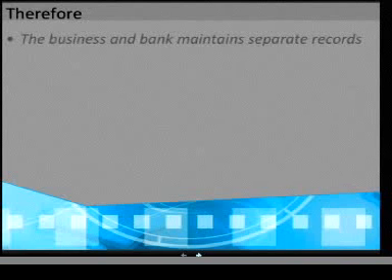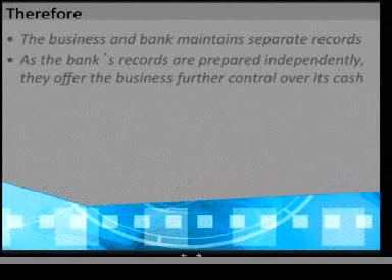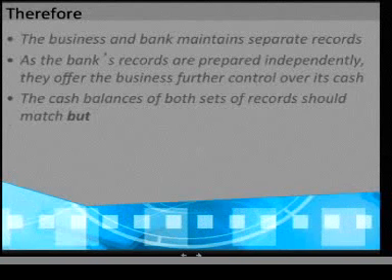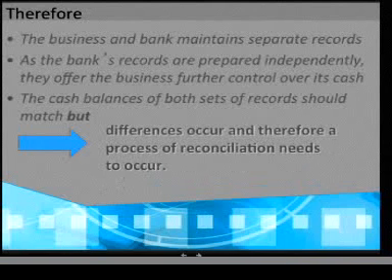They are viewed as independent records, and as such, it's necessary for the business to use those records as an opportunity to establish the exact amount held by the business with the bank. And the reason why a reconciliation has to occur is because often these two sets of records will not agree. So I'm going to highlight for you what that process actually involves in this next slide.